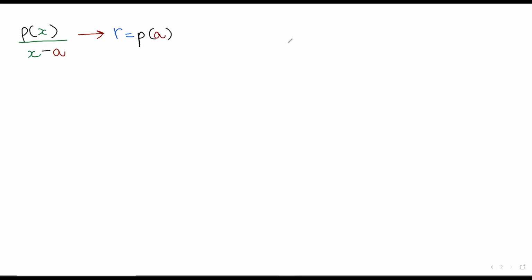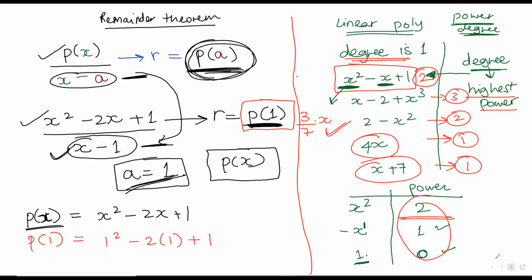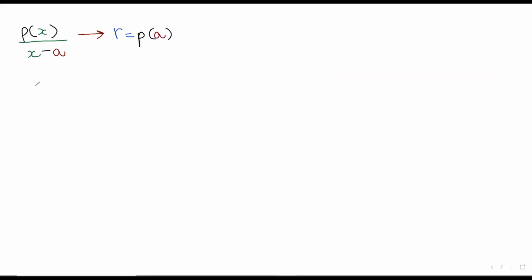So basically, let's take the same example again as the previous one, x square minus 2x plus 1. So my p of x is equal to x square minus 2x plus 1, and my a is 1. So p of 1 is 1 square minus 2 into 1 plus 1.